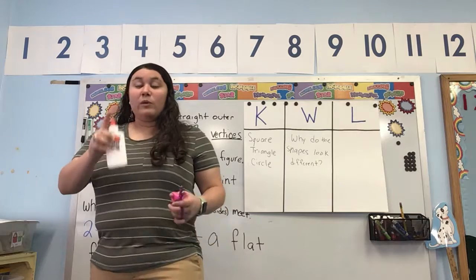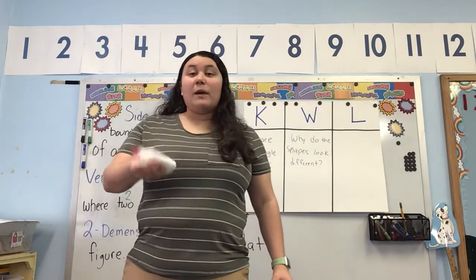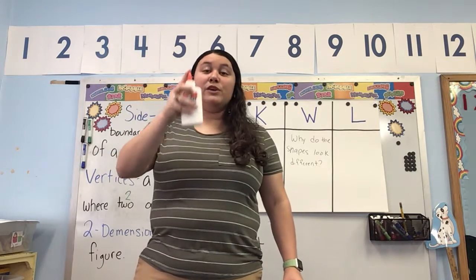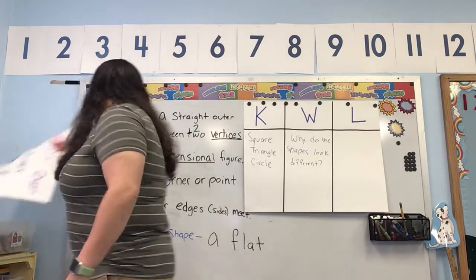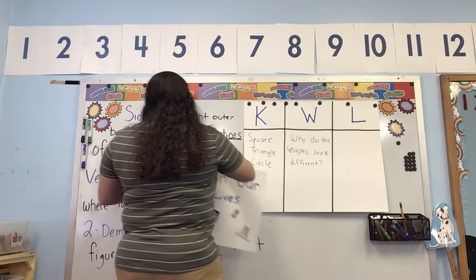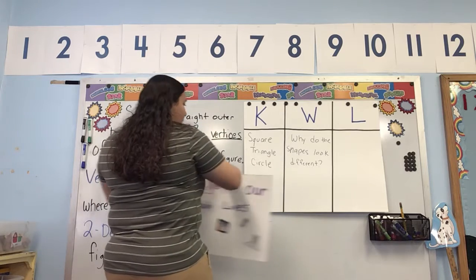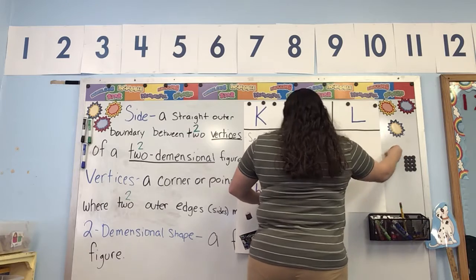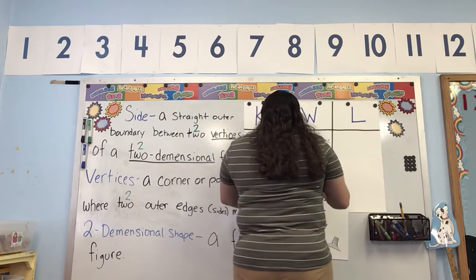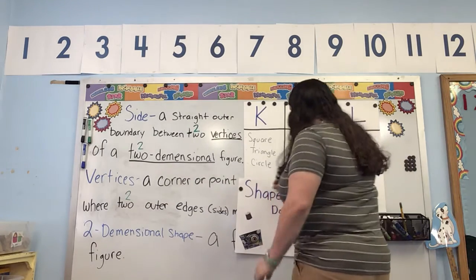Right, we only use a little bit. We do not put a whole glob of glue. We use just a little bit. Once you cut out your pictures, you're gonna come up to a board, and you are going to paste them on our poster that we will then hang in our classroom.